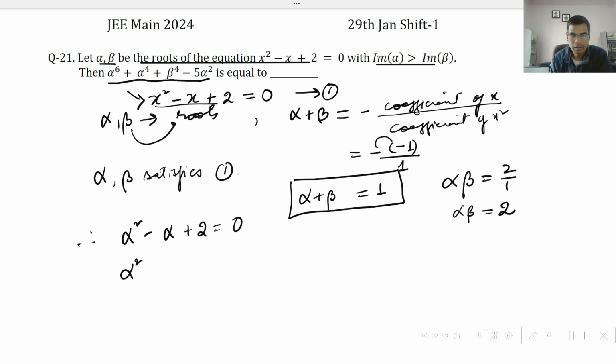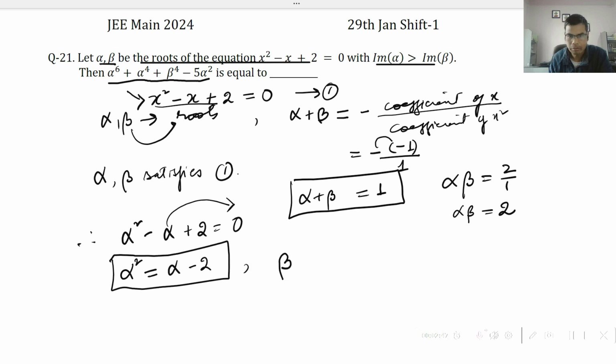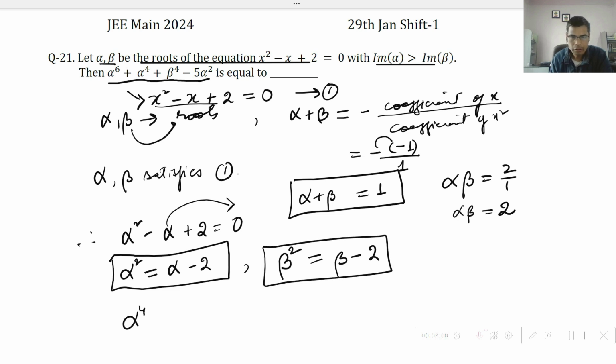From here, alpha square is equal to alpha minus 2. Let us mark this. Similarly, if we substitute beta in the given equation, in the same form, beta square will be beta minus 2.